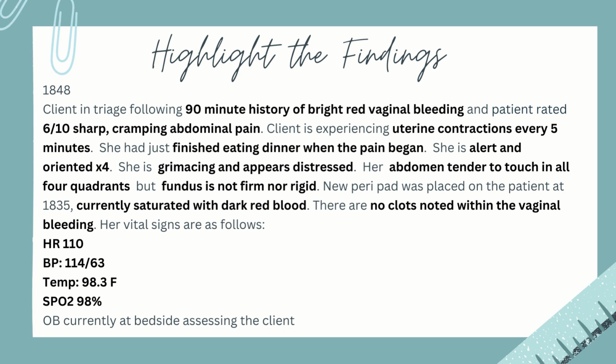Remember, we are selecting findings that could indicate a possible placental abruption. Reread the notes, click the associated findings. Then you want to reread the findings that you highlighted and ask yourself, does this make sense that this particular finding could indicate a placental abruption? All right, pause the video, make your selections, write them down, and press play when you are ready.